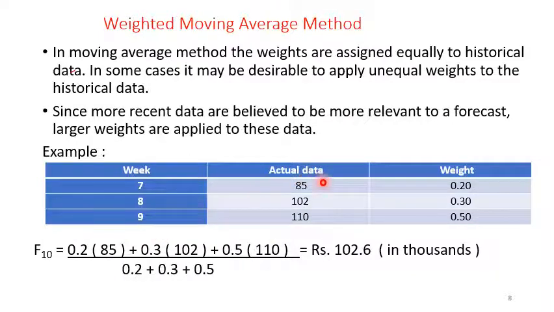The only thing, multiply the respective weightages to the actual data pertaining to that week and divide it by the weightages, 0.2 plus 0.3 plus 0.5. That will become 102.6 in thousands, correct? This will be the forecast for the 10th week with the weighted moving average method.